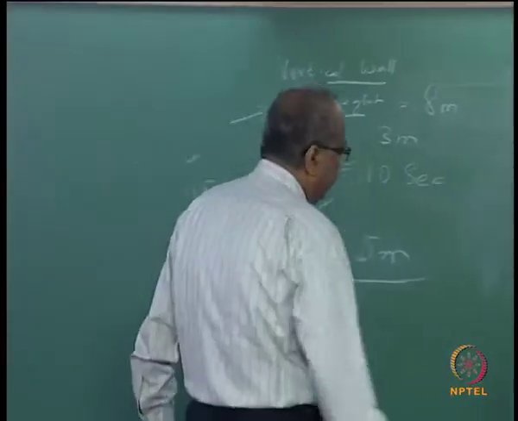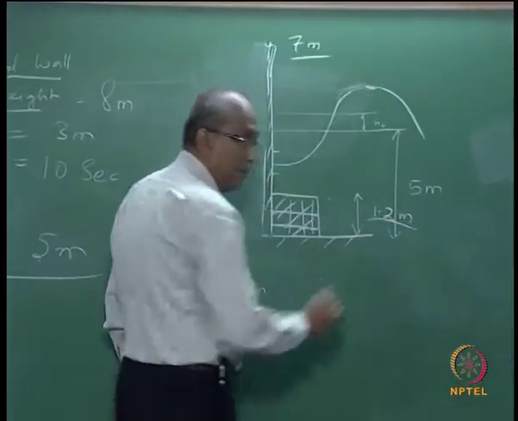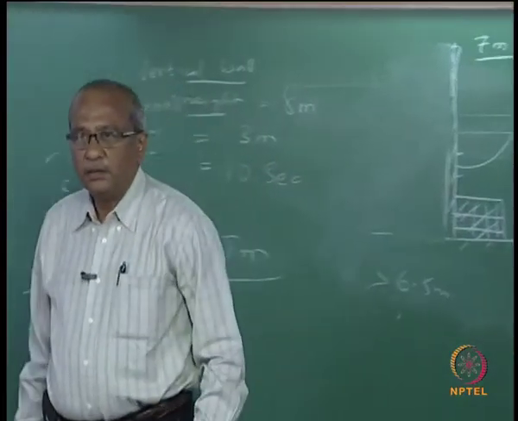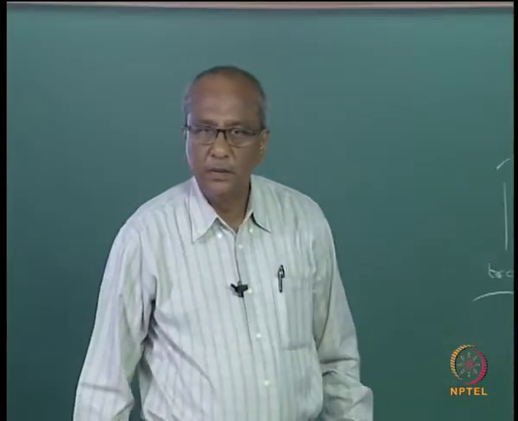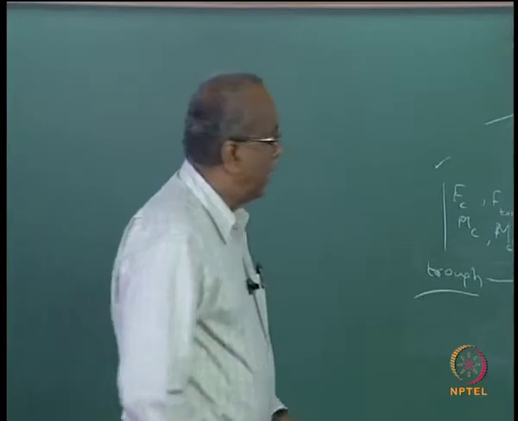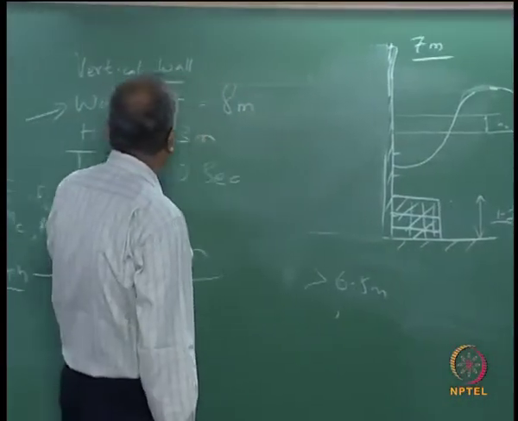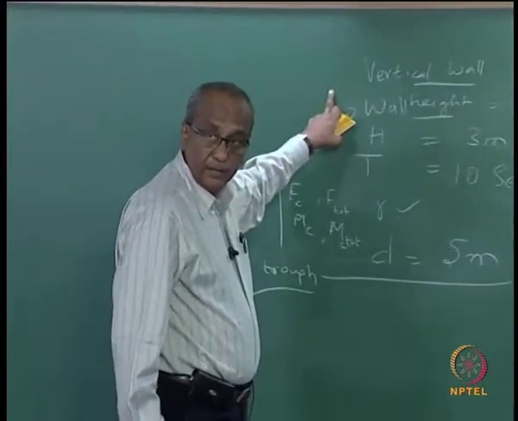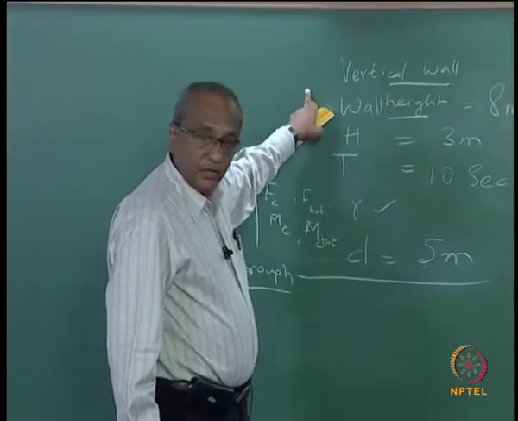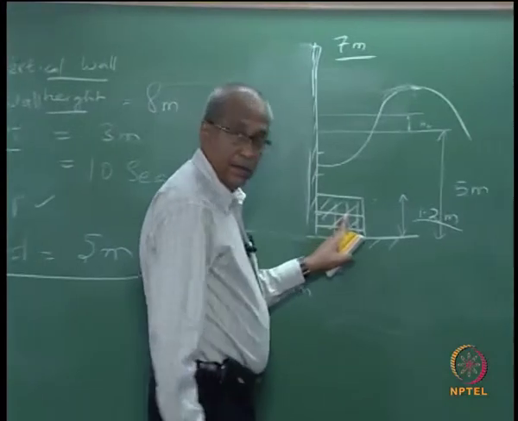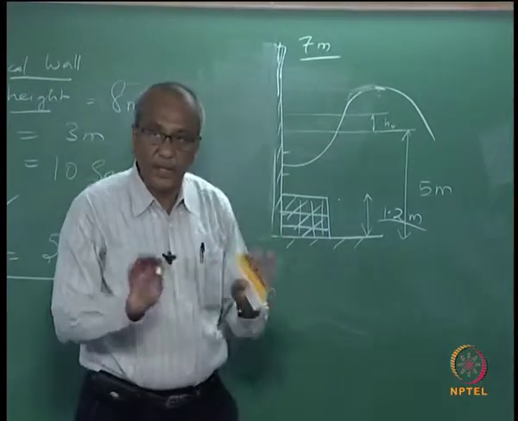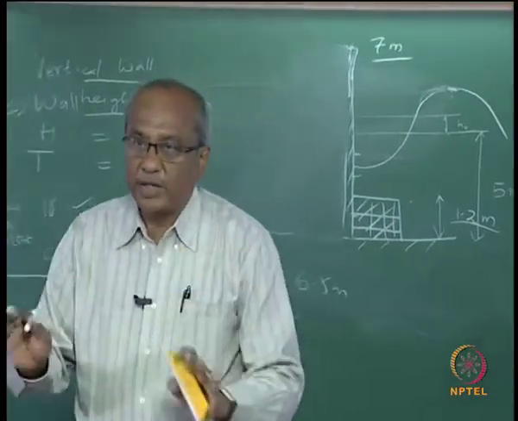So my submerged height is 1.2 meters. Assume that it is non-overtopping, again we are dealing only with non-overtopping. So non-overtopping with a base, repeat the calculations from whatever you have studied.